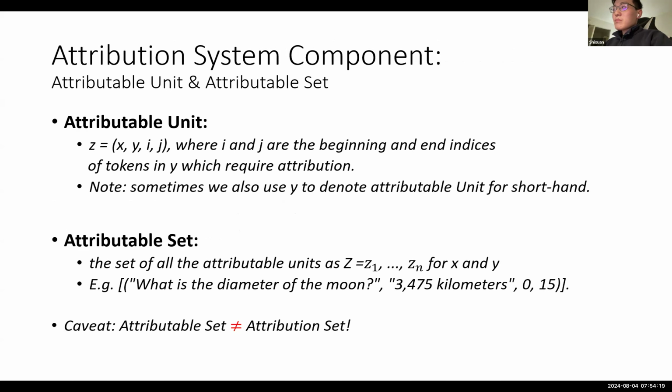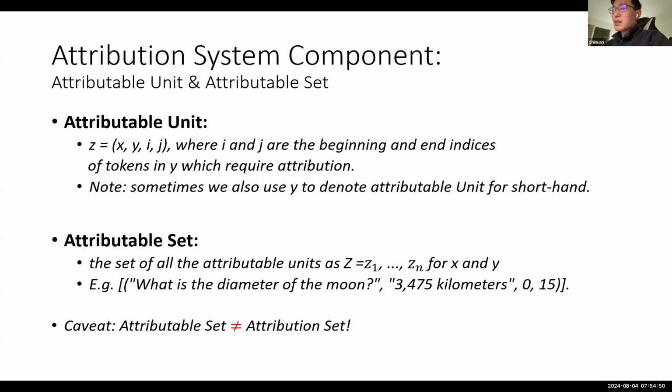The attributable unit is defined as a tuple. The tuple contains four elements. The first element is the input, the second element is the output, and the additional two elements are two indices indicating the part of interest in the output, because sometimes we may not be interested in the whole output.